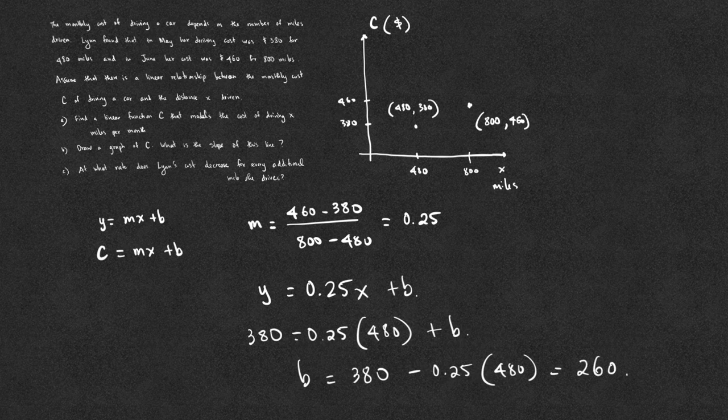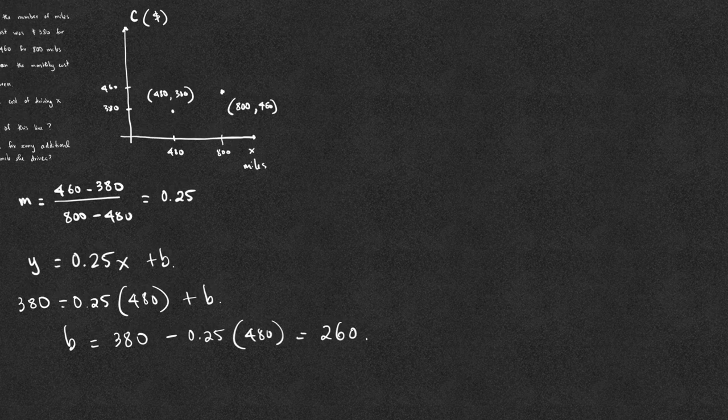And so the equation of the line is C equals 0.25x plus 260. This is the linear function that we will need for part A, where x is the number of miles and C is the driving cost.